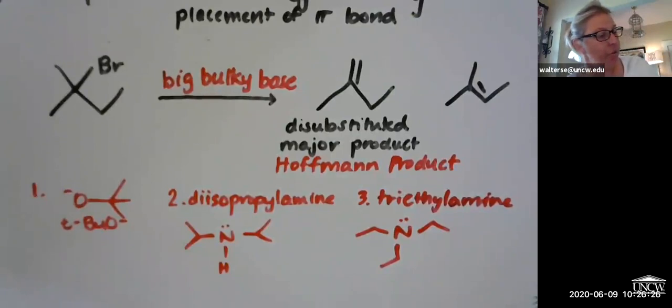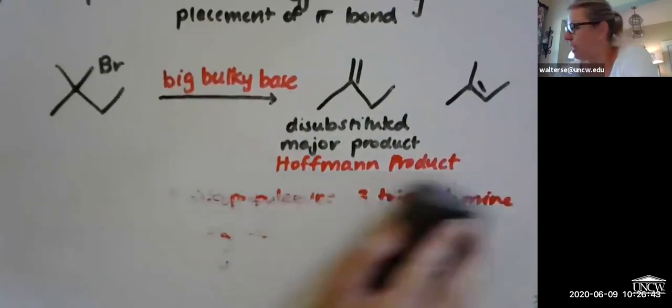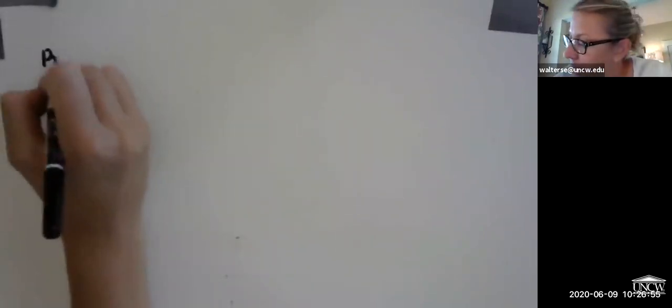I'm going to give you 2 examples that I want you to work on and see if you can come up with the major product. We'll do them one at a time. So we'll do one and then we'll do the other. Predict the major product.